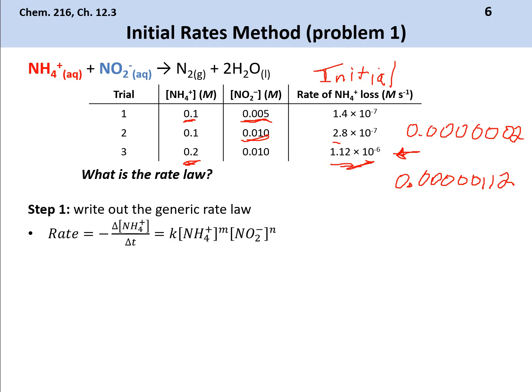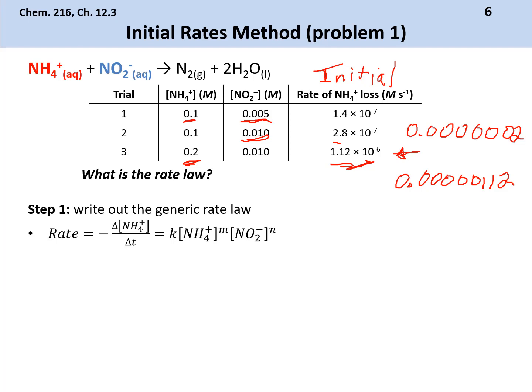Okay, so how are we going to do this? We're going to go through 5 steps to find this out. I'm going to do one right now on the screen, then we'll do another on the board, and then you can do one. The first step is always to write out the generic rate law. Now, the generic rate law will look like this.